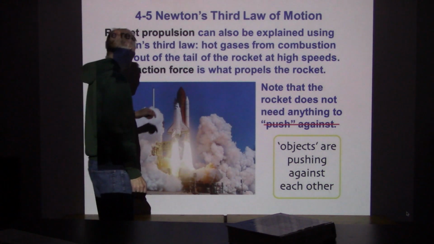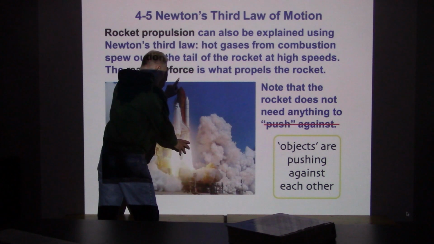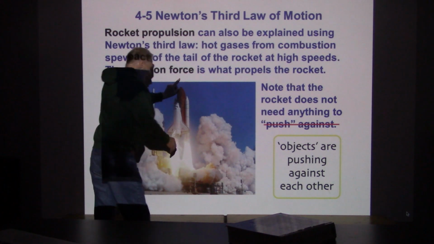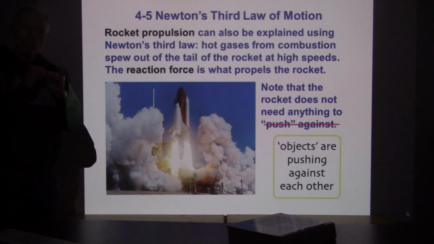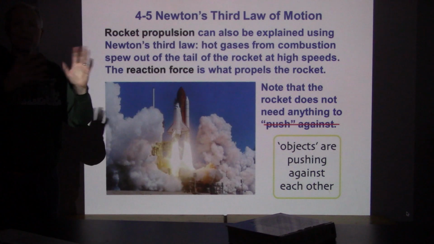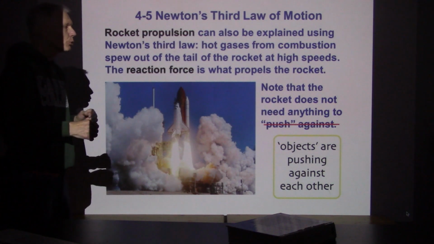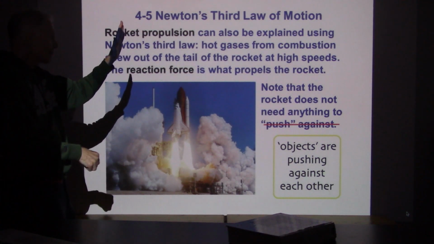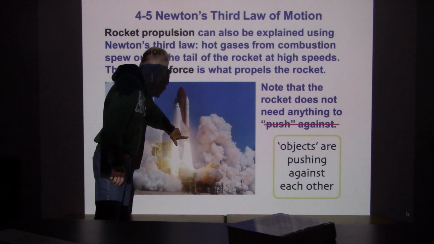What's pushing the rocket in this direction are gas molecules generated from this violent chemical reaction. When they're at high temperature, they push very forcefully into the combustion chamber of the rocket.